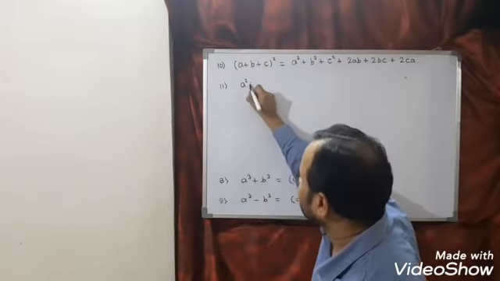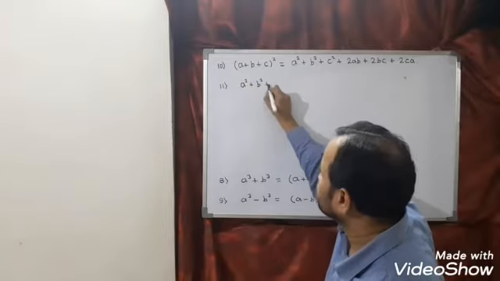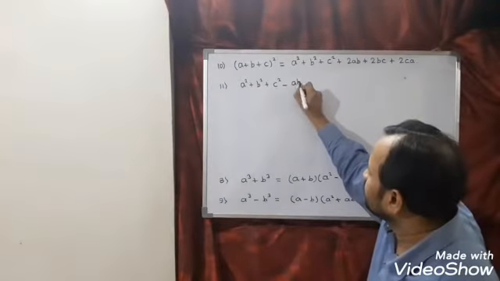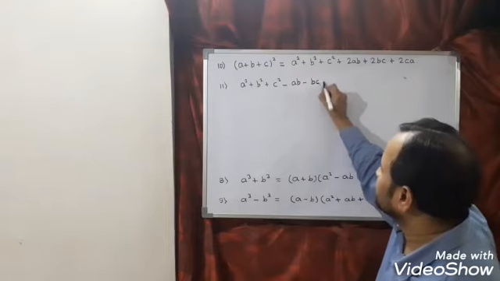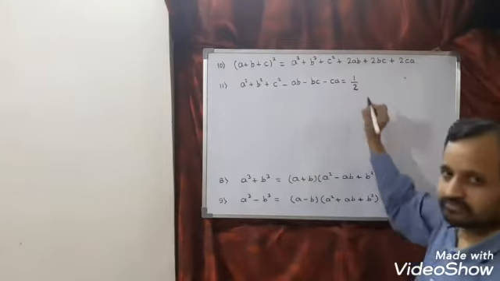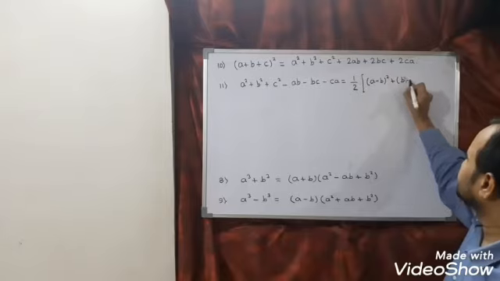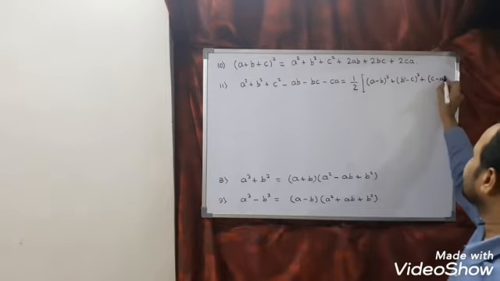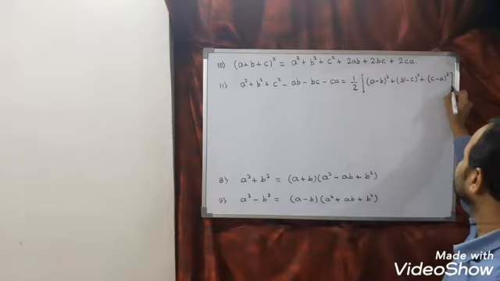Next formula, a square plus b square plus c square minus ab minus bc minus ca is equal to half into, this we can write as a minus b whole square plus b minus c whole square plus c minus a whole square.